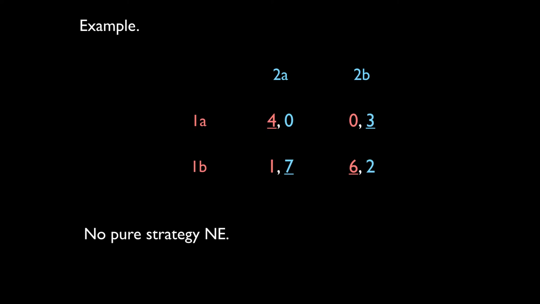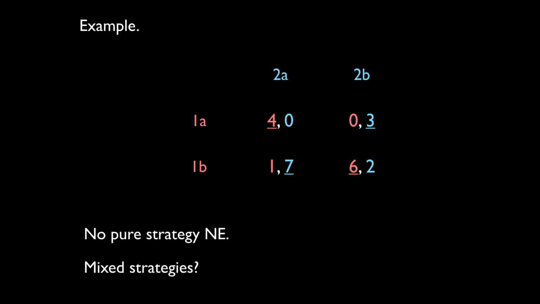Okay, let's do black. Player 1 is either A or B. A with probability p, B with probability 1 minus p. And player 2 is either A or B, with probability q and 1 minus q.